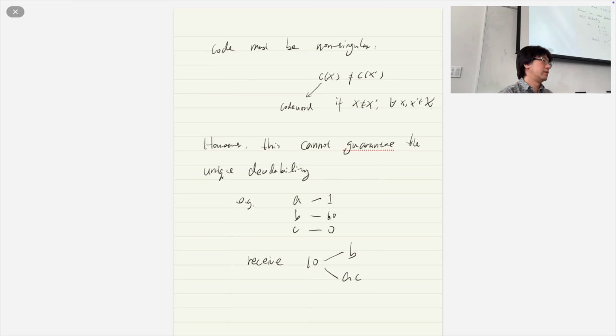But how can we guarantee that? That is our next topic. To study this problem systematically, we need to introduce a few more notations, and then I'll introduce a simple code here.